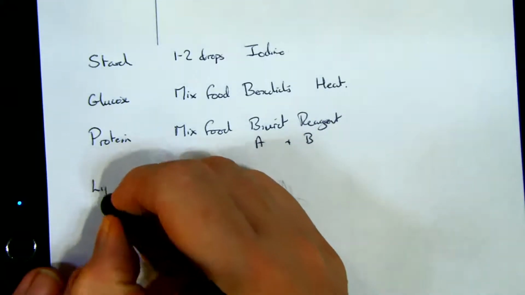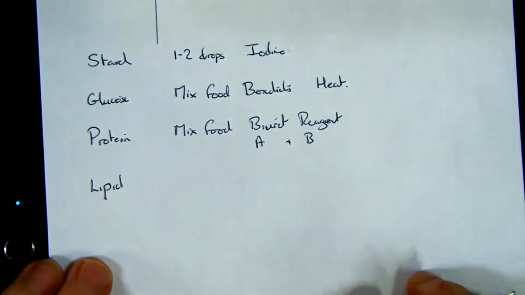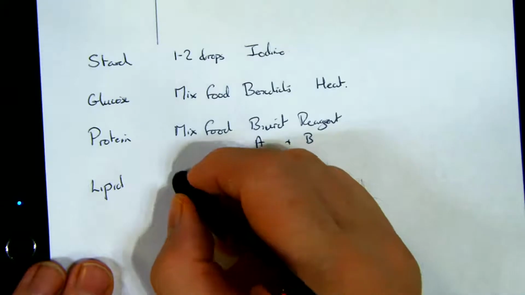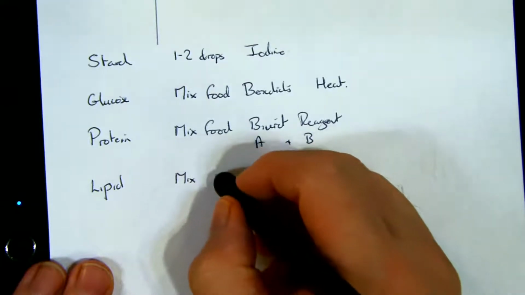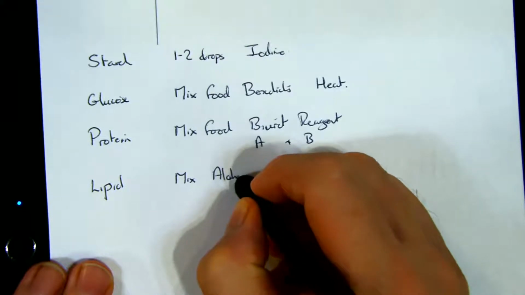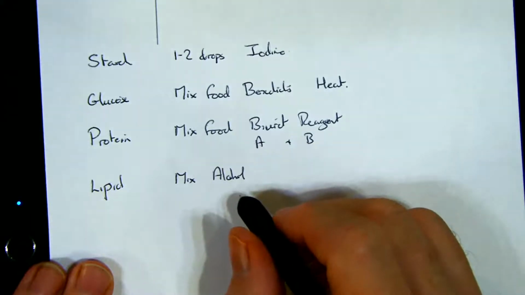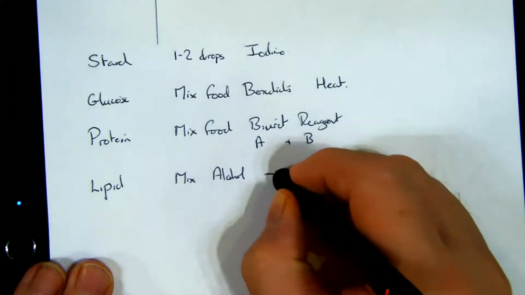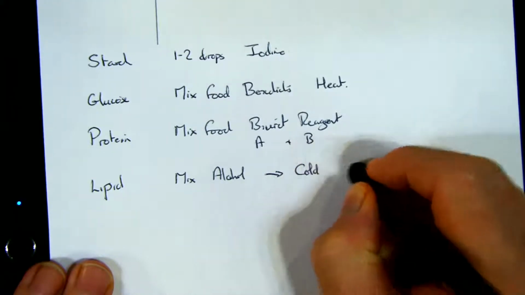And finally, we're going to take our lipid and mix the food with a little alcohol, and then we're going to put this into cold water.